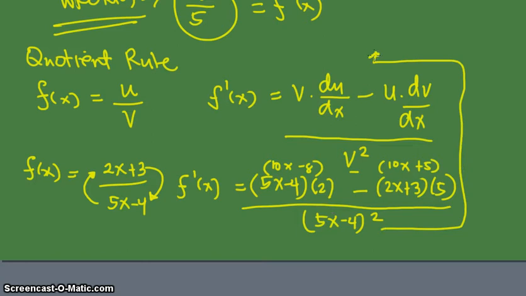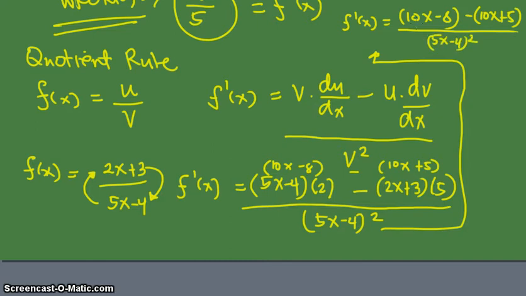Since you need more space, let's have it here. The derivative is equal to 10x minus 8, and then you subtract 10x plus 15, all over 5x minus 4 squared. So 10x minus 10x becomes 0.